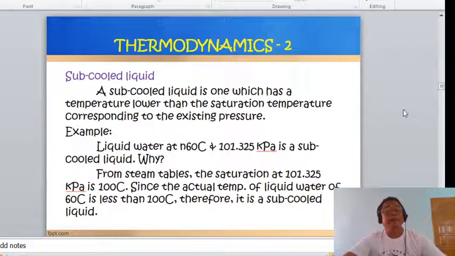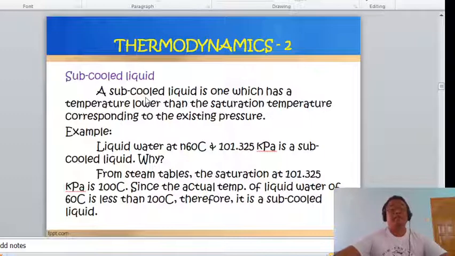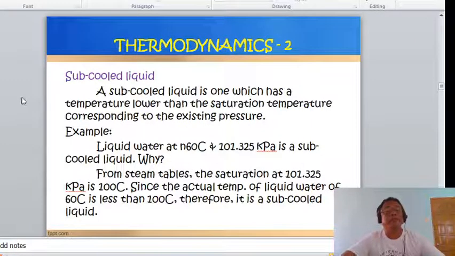Another is subcold liquid. A subcold liquid is one which has a temperature lower than the saturation temperature corresponding to the existing pressure. Okay, example, liquid water at 60 and 101 is a subcold liquid.